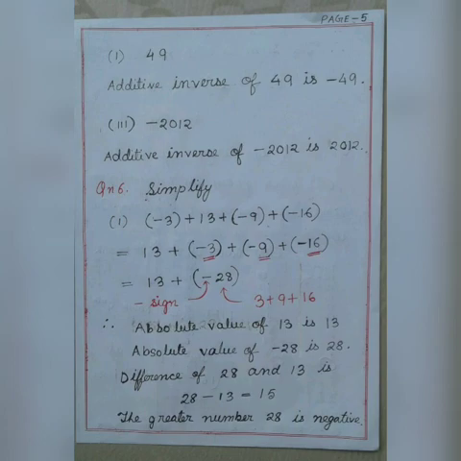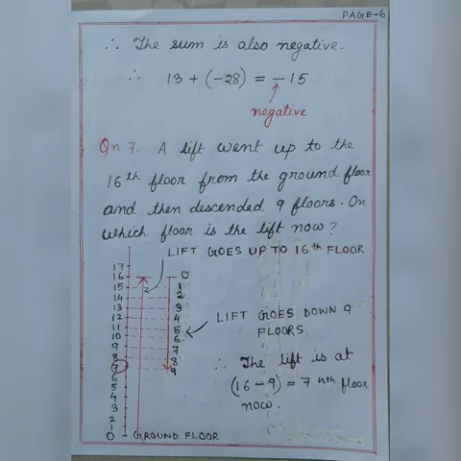Difference of 28 and 13 is 28 minus 13, that is 15. The greater number is 28. 28 is negative, so we get a negative answer here. The sum is negative as I have told you earlier. Therefore, 13 plus within bracket minus 28 is equal to minus 15.